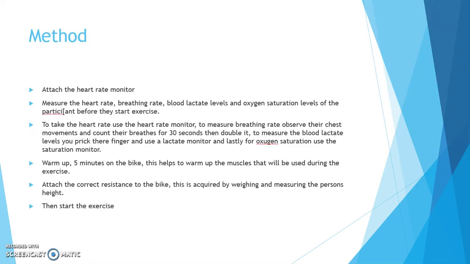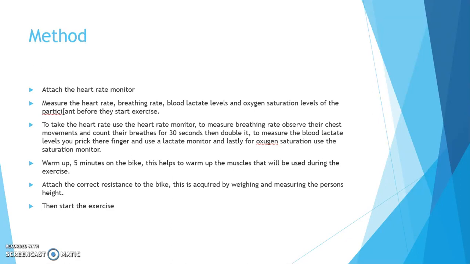Our method for the experiment. First, we were going to attach the heart rate monitor to our client. We were then going to be measuring the heart rate, breathing rate, blood lactate levels, and O2 saturation levels of the participant before they started exercise.